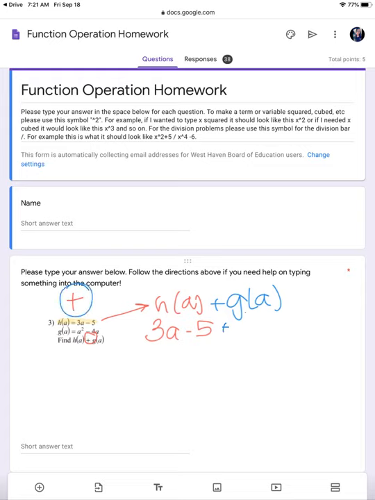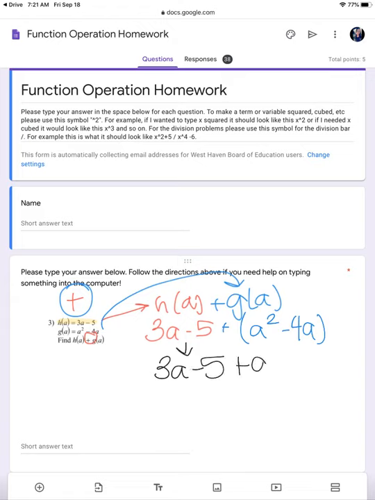And now, with my parentheses, I'm going to sub in g of a for the answer that g of a is equal to. So g of a is equal to a squared minus 4a, okay? Now, what happens is these parentheses drop, okay? So I'll show you in a different step. So this comes down, 3a minus 5 plus a squared minus 4a, okay?